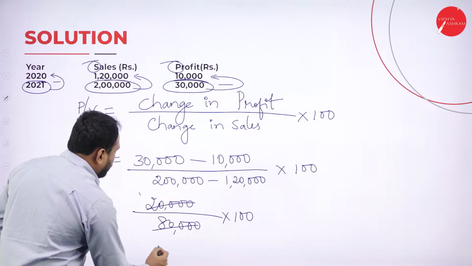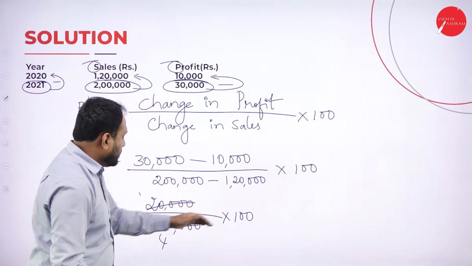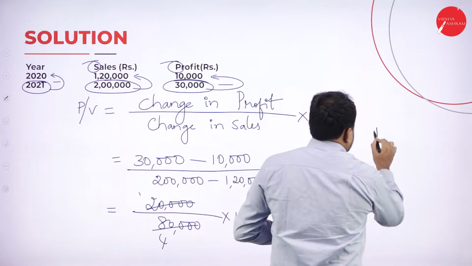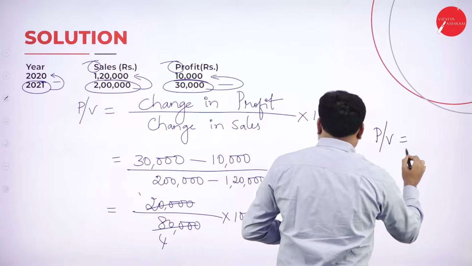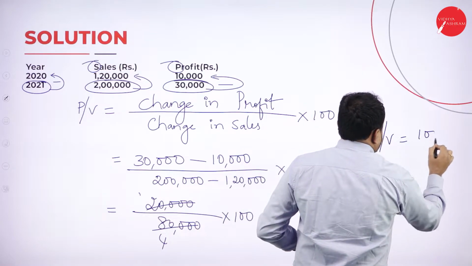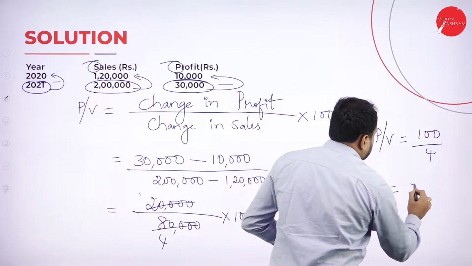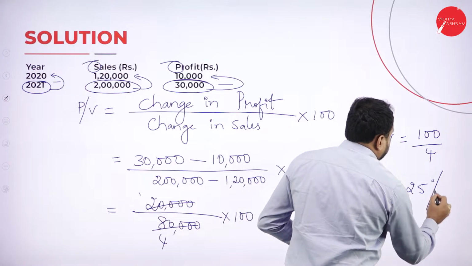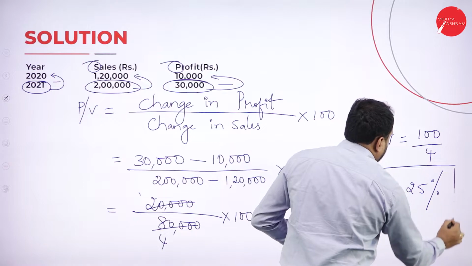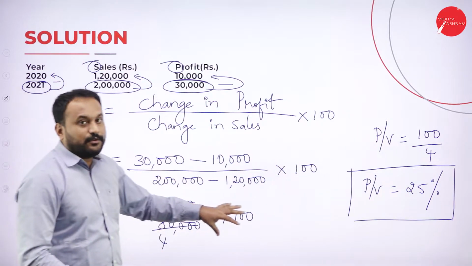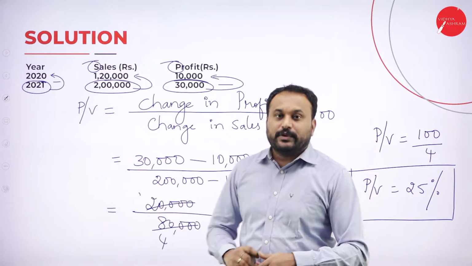You can go with 21s or 24s. So we have 100 divided by 4. So PV is equal to 25%. So we got PV. This is the first thing we were supposed to find. So we have found PV.